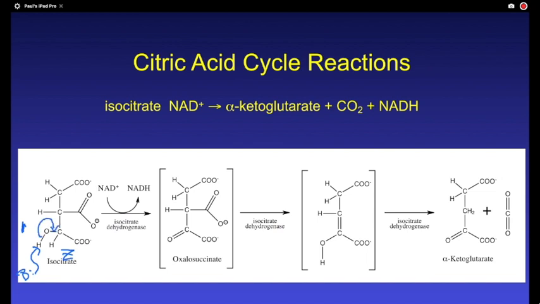This pair of electrons forms the ketone, and this is the hydride that falls off onto the NAD+. Okay. All right. Now, because I have the ketone, I now have a reason why the CO2 will fall off.